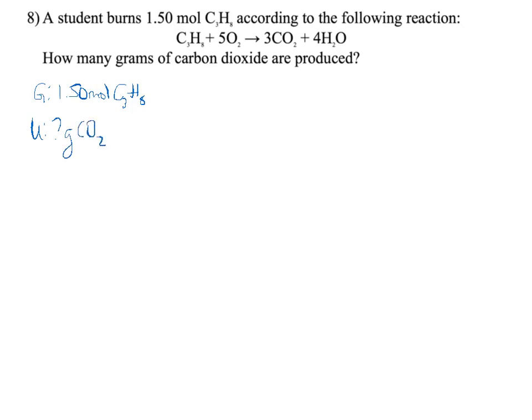All right, so mole map wise, we are starting with moles of C3H8. First, we have to get into moles of CO2 before we can go to grams of CO2. There's no straight conversion from moles of one substance into grams of another substance. So how are we going to get there?